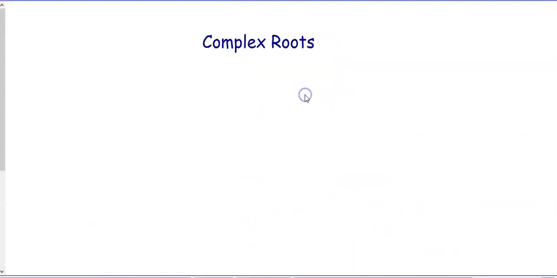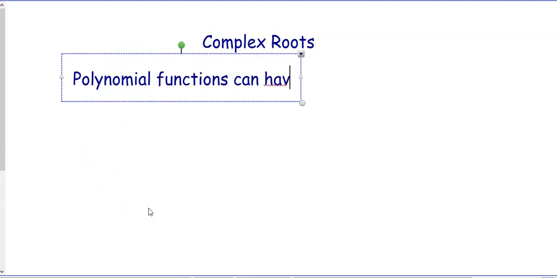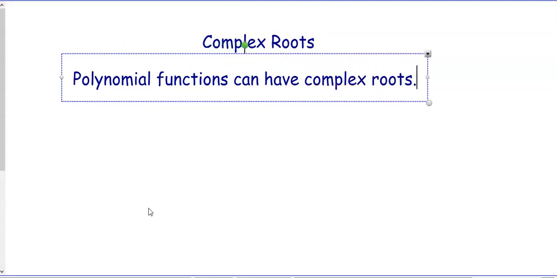Okay, so I'm going to give you sort of a statement about complex roots. This isn't really a definition, but I want you to write this down because it's something you need to remember. Polynomial functions can have complex roots. In other words, they can have roots that are a combination of real numbers and irrational numbers, or real numbers and imaginary numbers.